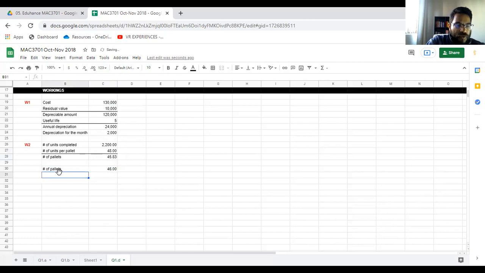Okay, so now we know cost per pallet was 100 Rand. So now that will tell you what is the variable distribution cost. Variable distribution costs. So this is going to be 46 number of pallets times 100 Rand per pallet.